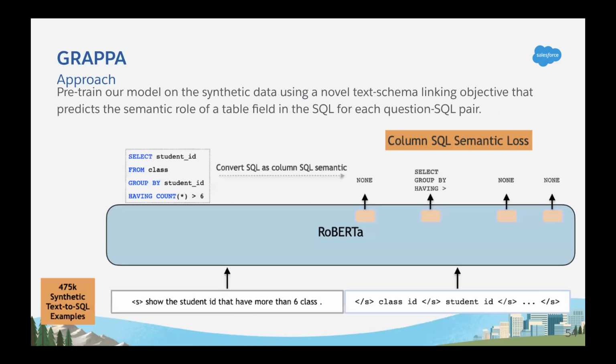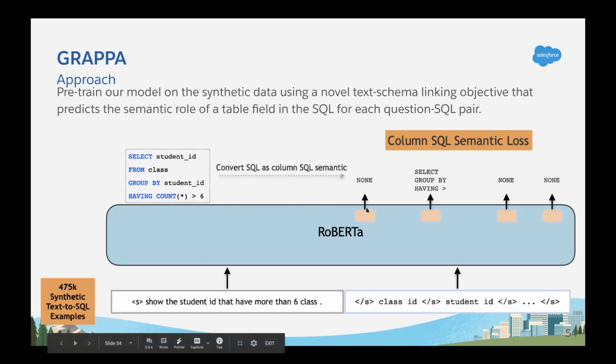So after you get this data, you can start to pre-train your model. We have two objectives in this pre-trained model. The first objective we call the column SQL semantic loss. The input is the question and the column names, the data schema, including the column field names and table names.